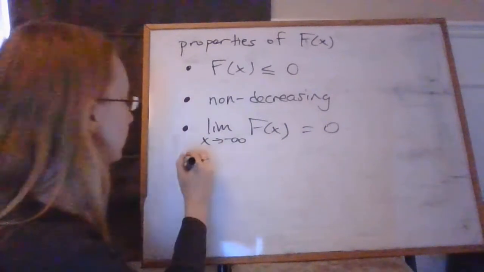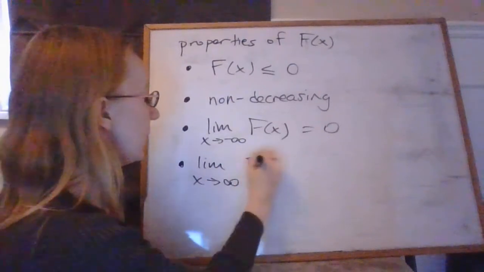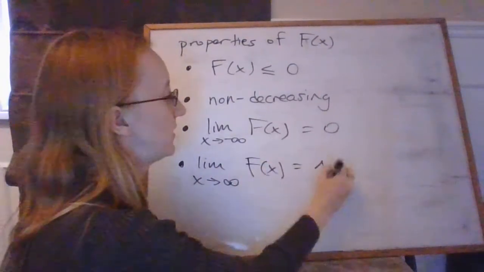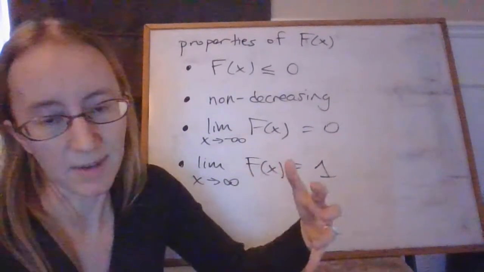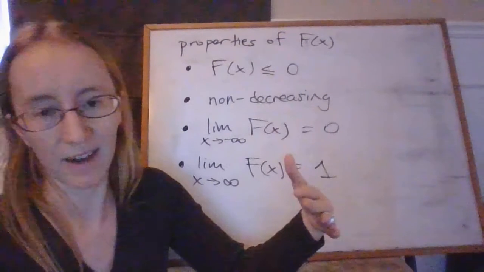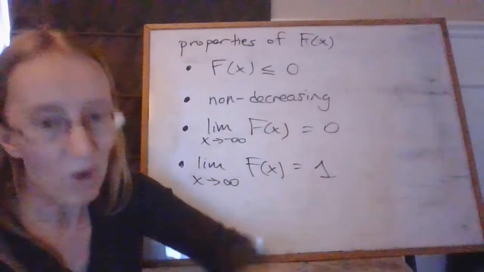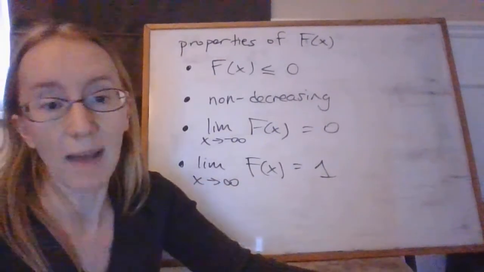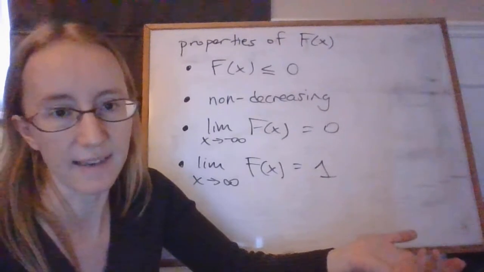And similarly, the limit as x goes to positive infinity of big F of x is equal to 1. Because even if the variable has no maximum, there are variables that have countably infinite values but no maximum, if we let x go all the way towards infinity, eventually we're going to capture all of the possibilities for what the random variable can equal. So that probability has to equal 1.